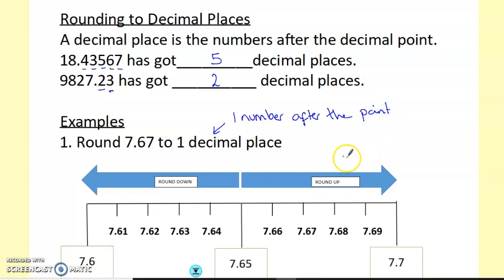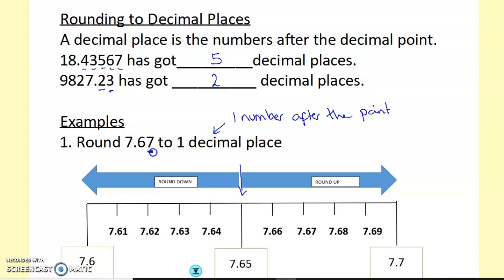That just means if we break our numbers down further, so between 7.6 and 7.7, if we break that down into 2 decimal places, we get 7.61, 7.62, 7.63 and so on. Our halfway point then will be 7.65. So it's still that same rule of 1, 2, 3, 4 goes down, 5, 6, 7, 8, 9 go up. The thing that changes is your deciding number.